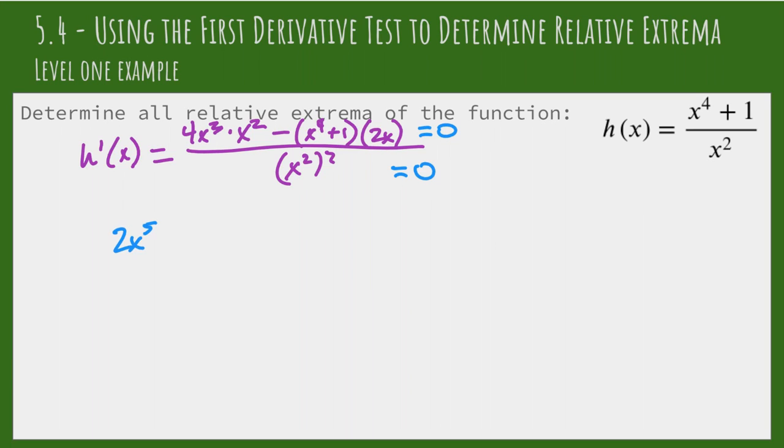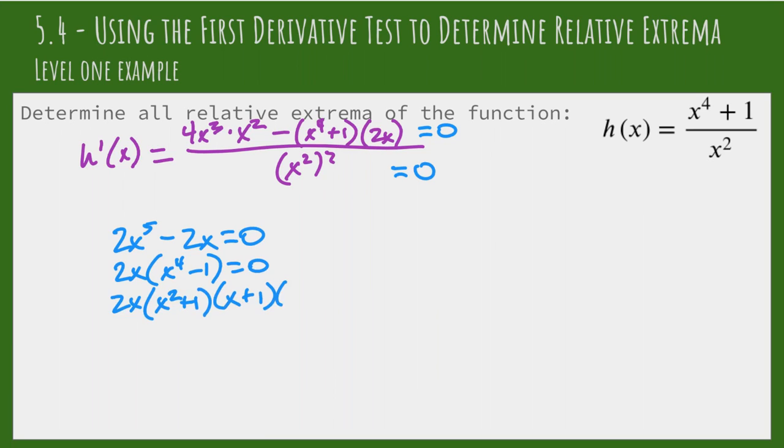So we have 2x to the 5th minus 2x equals 0. So that's the numerator simplified. We can factor out a 2x, and we have x to the 4th minus 1 equals 0. Then we can factor that x to the 4th minus 1. It's going to be x squared plus 1 times x squared minus 1, which is x plus 1 times x minus 1.